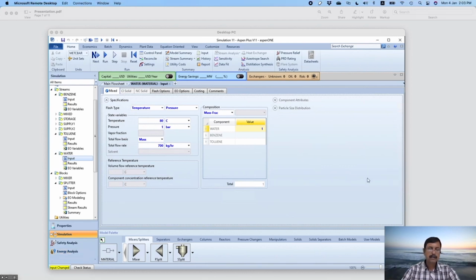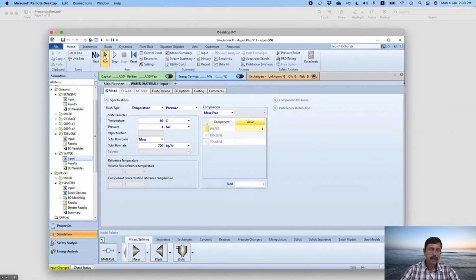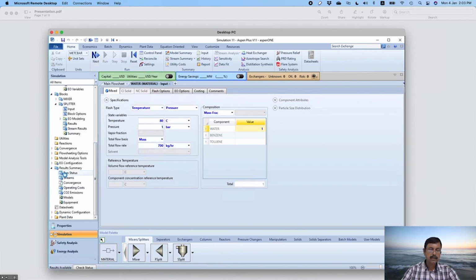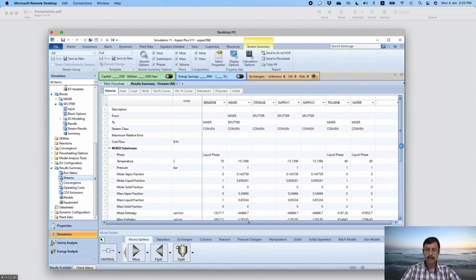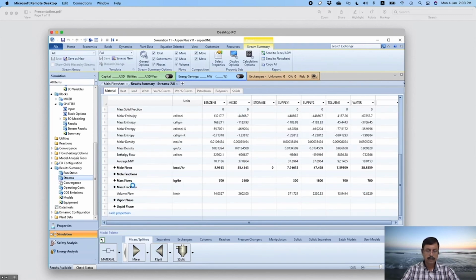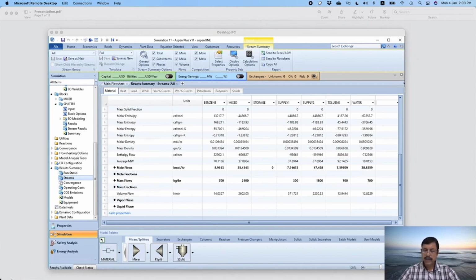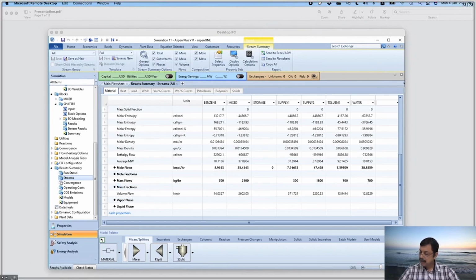So let us run and see the streams. Here you see the streams. So we have got 1800 ensured to supply line 2, and then we no longer have 400 kg per hour left.